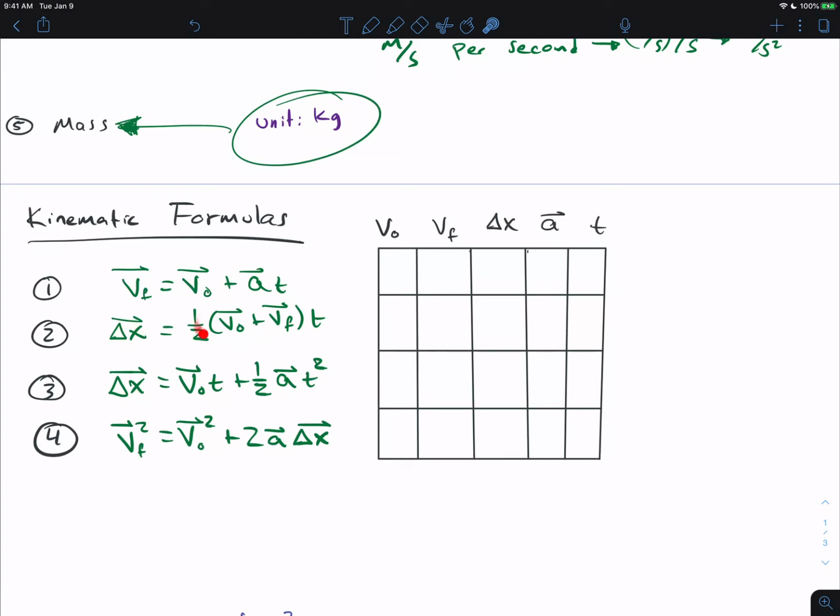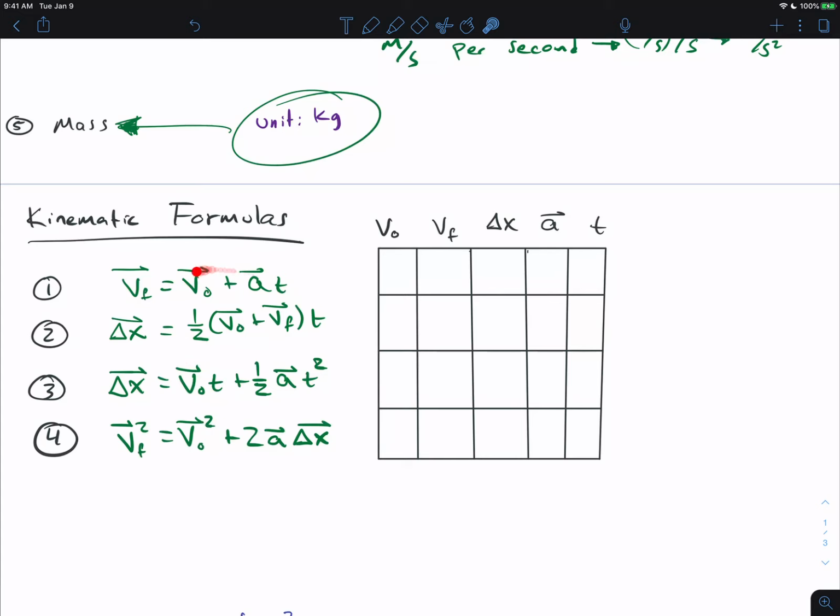It's just my average velocity. You have two numbers, add them together and divide by 2. That's an average, right? Times time. So pretty much how fast was I going and how long did I go that speed? That'll give me how far I traveled, right? So my displacement. So these are all kind of simple and straightforward to play around with.